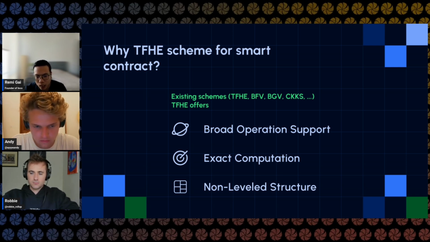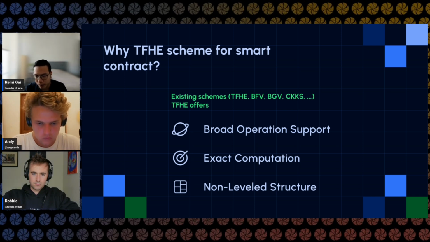And then what I mean by non-level structure is that with some of these FHE schemes, you have to predefine ahead of time how many operation steps you'll be doing. So you would do a bunch of operations and then do a big bootstrap at the end of it, whereas TFHE actually does a bootstrap in between operations, more frequently, to keep the noise in check.